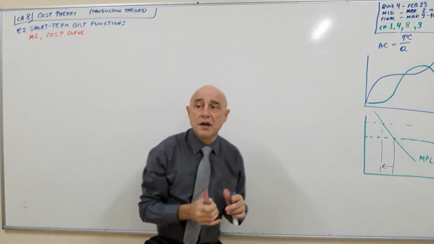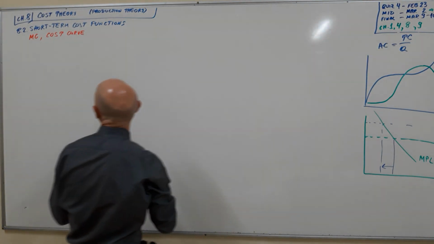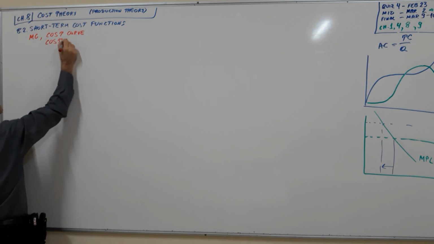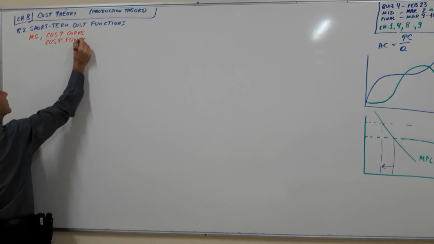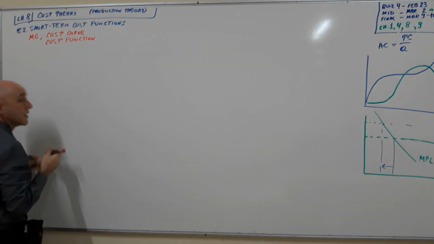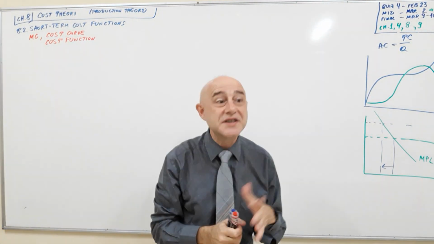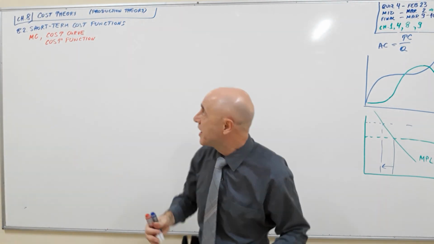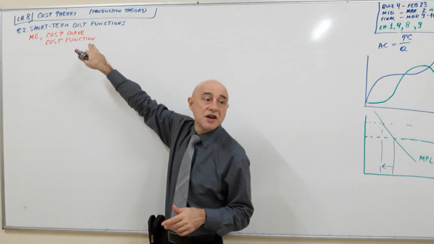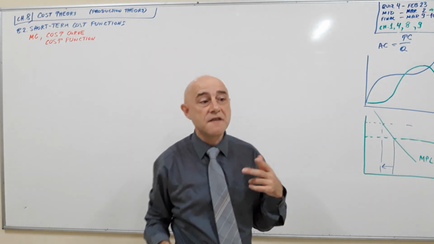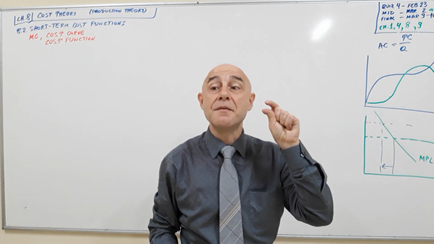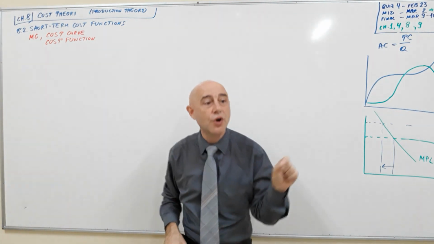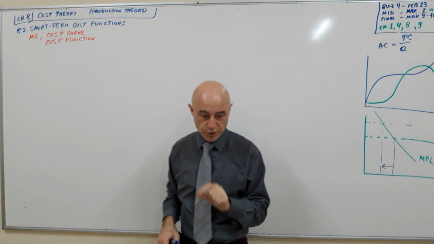And we have a cost function. A cost curve is simply a graphical representation of a cost function. A cost function tells you the minimum cost for every output.